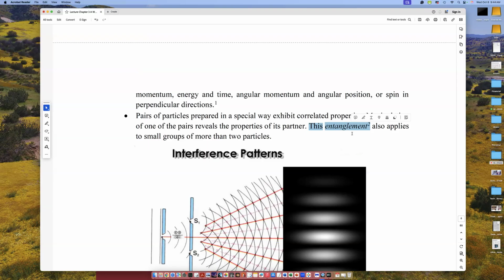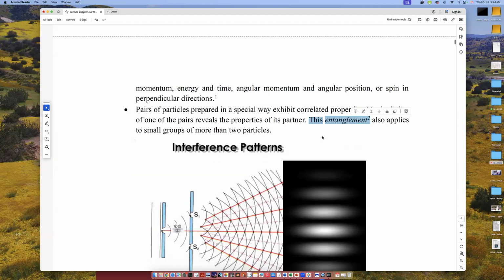And indeed, now this entanglement idea has been extended so that it's not just two things that can be entangled. I think the world record is something like 10 items can be in an entangled state so that manipulation of any one of them is correlated with properties of the others without any connection between them that we can identify.